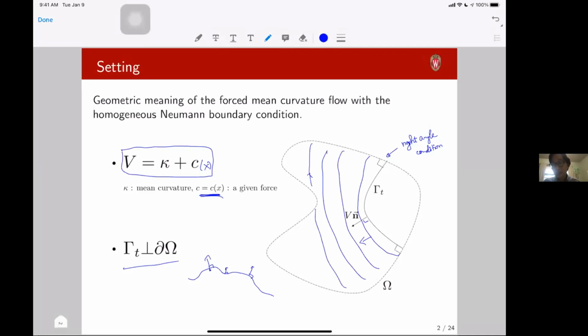But because the boundary condition comes into play, there's going to be a balance or competition between all those things, and it's actually not clear in the first topological change what happens. Either we have the singularity formed because of the mean curvature, but we can also have the singularity form because of the boundary condition. So that's our motivation.